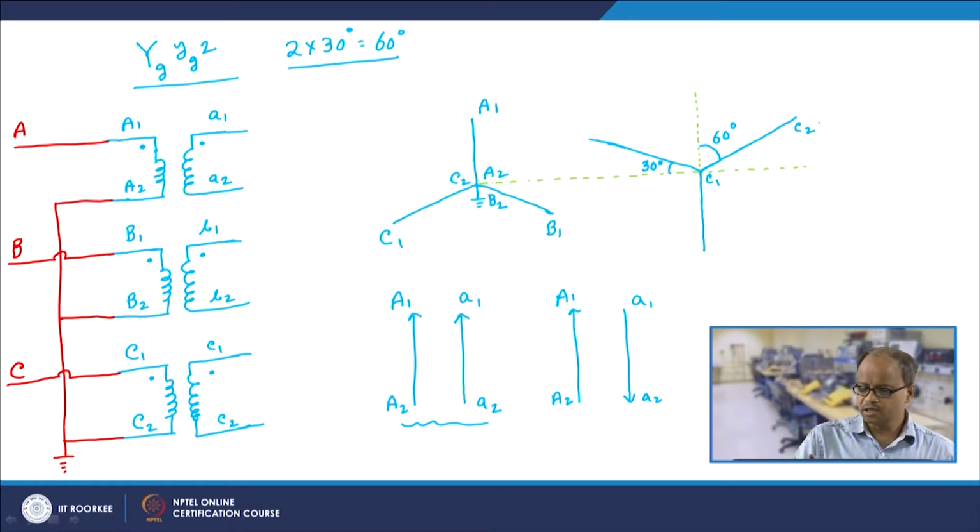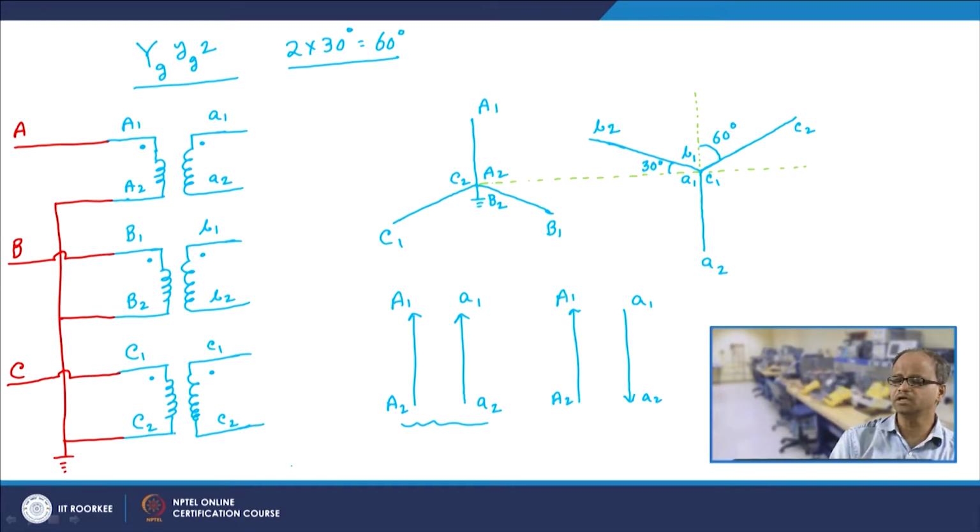Similarly, this and this would be in parallel and their orientation also should be the same. So this top point is a1, here also this top point is small a1, and similarly a2. And this vector is parallel to this vector, and because these have dots here, this would be small b1 and this would be small b2.